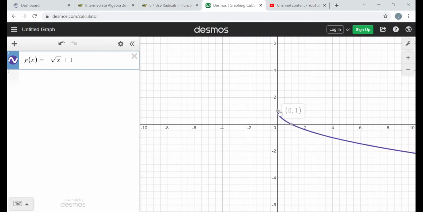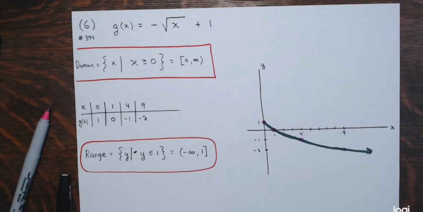You got (0, 1), like I said, would be on there, (1, 0), and it's this half parabola shape, but going down, right? Opening down and going down to the right. Looks good. Looks like I made a decent hand drawing. Okay. Next question. Now we have a cube root.